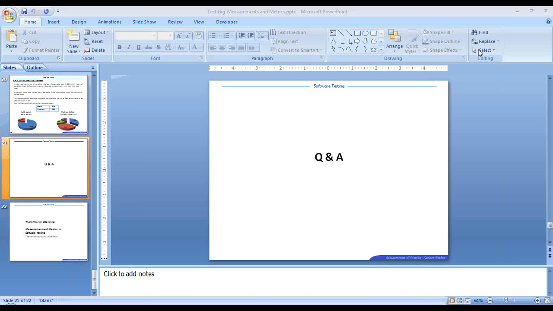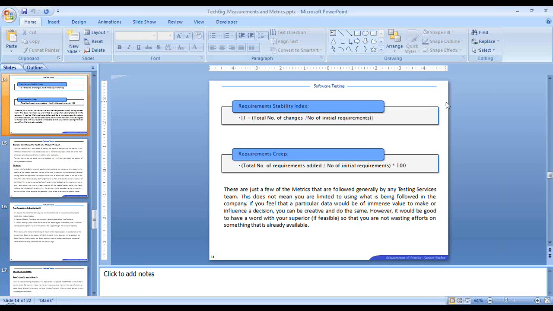What is a requirement stability index? This is the industry standard formula: 1 minus the total number of changes divided by the number of initial requirements. That is said to give you your requirements stability. The industry standard to measure requirements creep is the total number of requirements added, divided again by your number of initial requirements, into 100.